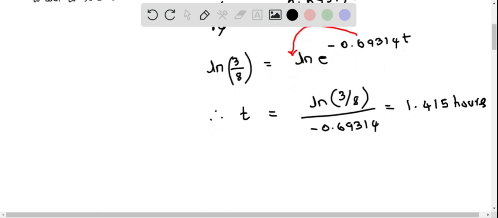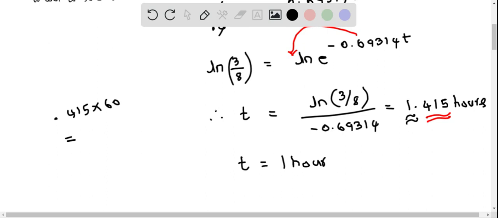In fact, we can convert this decimal portion into minutes. So we can write down the time as a combination of hours and minutes. So we have the whole number part 1. So therefore this is 1 hour, and for 0.415 to convert to minutes, we multiply this by 60.